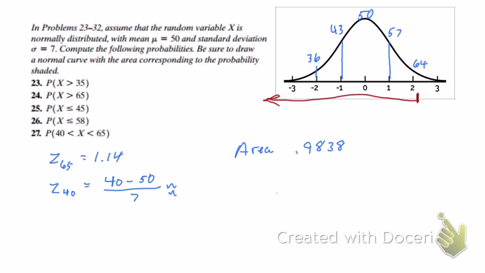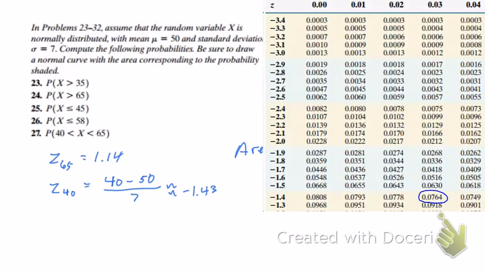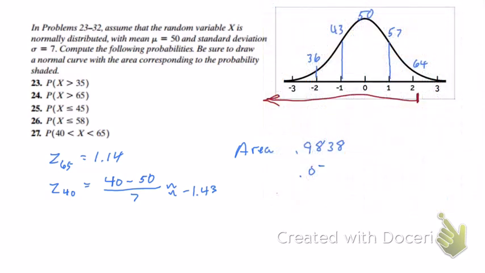Negative 1.43. Then I'll look that area up in the table. 0.0764. Now then what did I just find? I found from 40, I'm finding from here back.